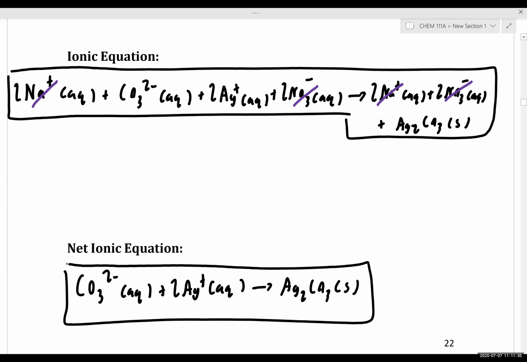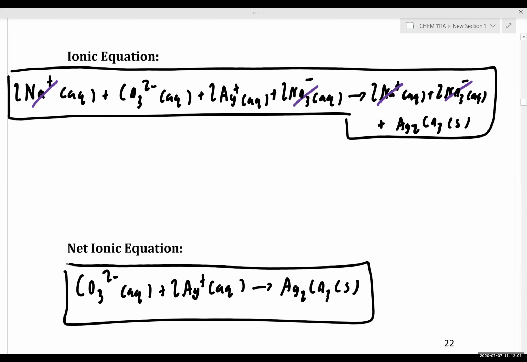Perfect. So the only thing that's new when you're writing out a net ionic equation from a word equation is that you have to be very careful to ensure that your formulas written are correct. So you have to refresh your nomenclature skills in order to be comfortable with writing out the formulas from the name.